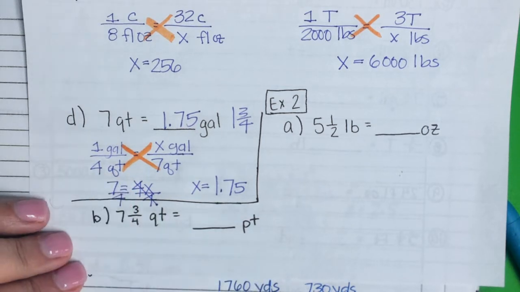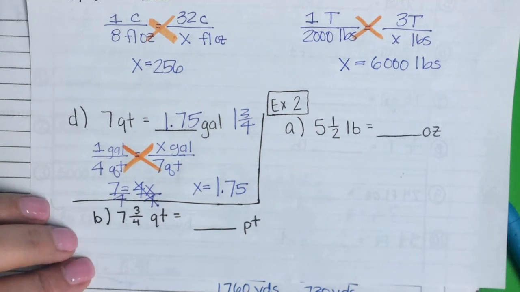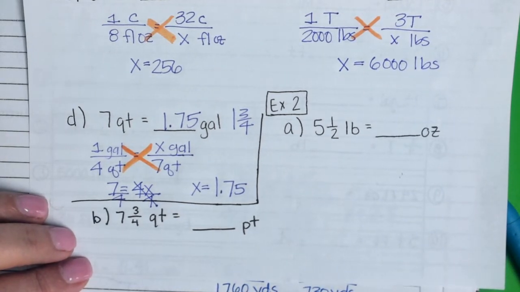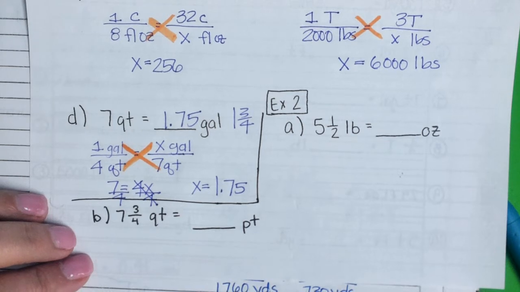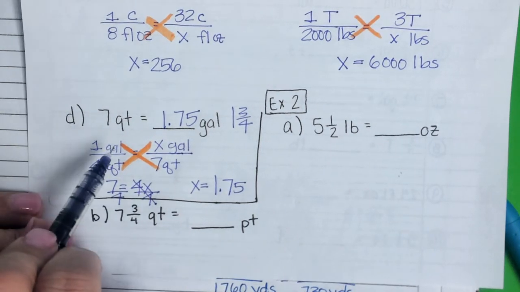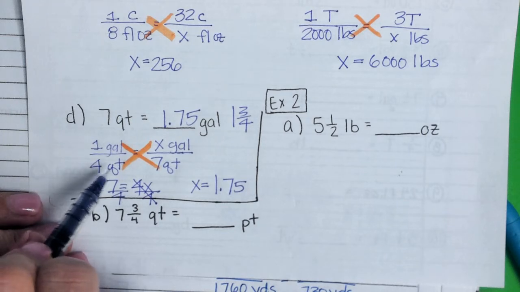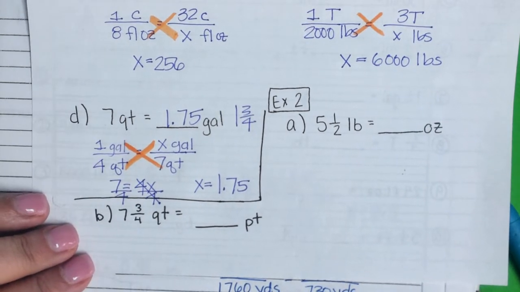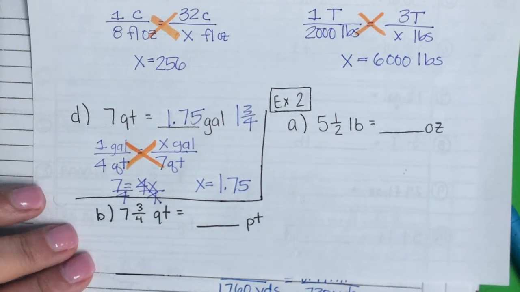If it takes 4 to make 1 gallon. Didn't you say that if you put the 4 quarts in the top, you get the same? No, you could do, even if I did this, 4 quarts over 1 gallon, I would have 7 quarts over blank gallons. So as long as you're lining them up, it's not going to matter.